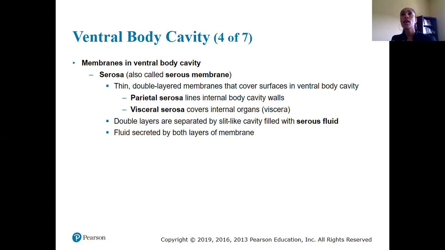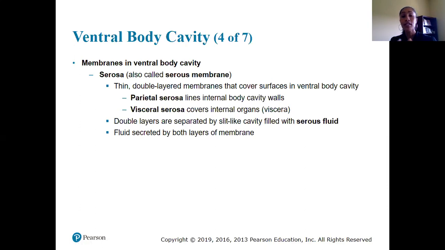Now, associated with our body cavities, we have another layer of protection. And the layer of protection that we have are membranes that we call serous membranes. So these serous membranes we find in the body cavities associated with the ventral body cavity. And the serous membranes we can also call serosa, and they're going to be thin, double layer membranes that cover surfaces in the ventral body cavity.